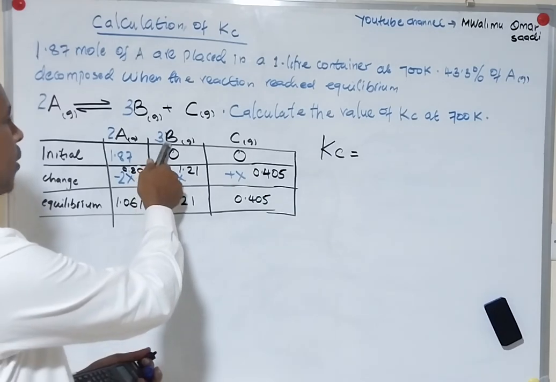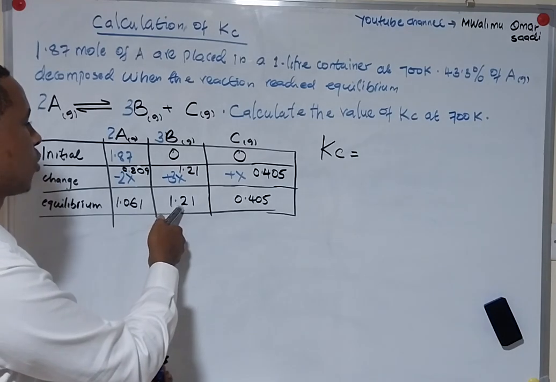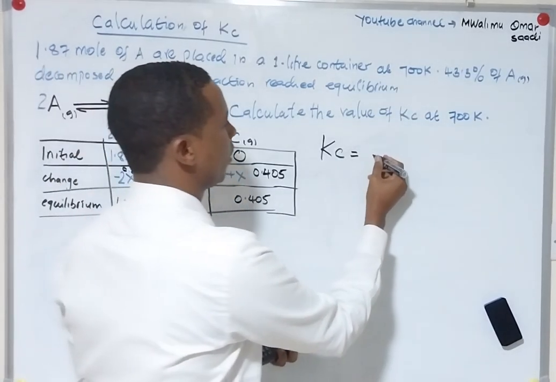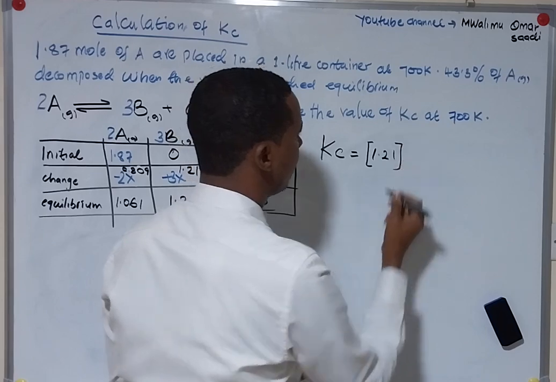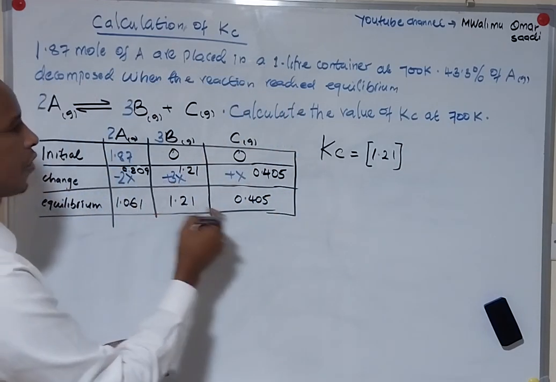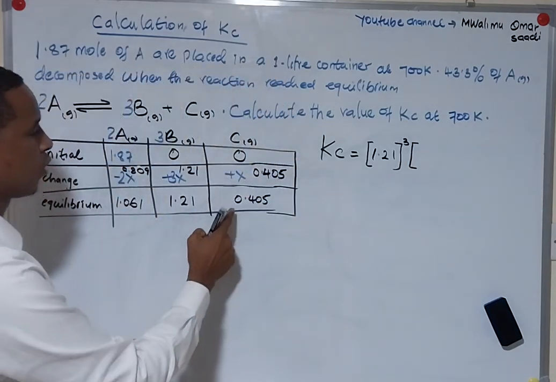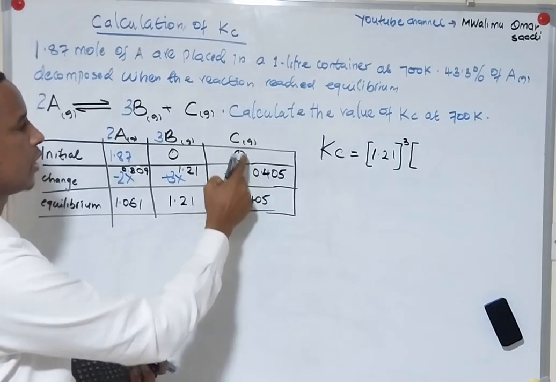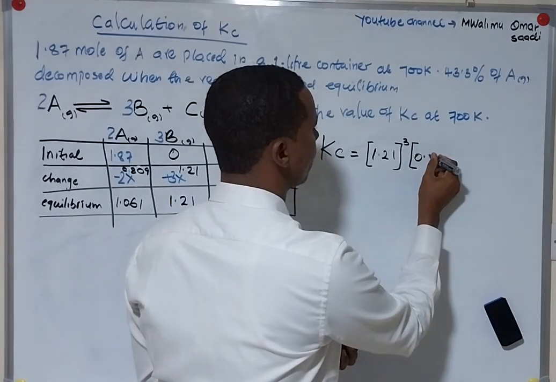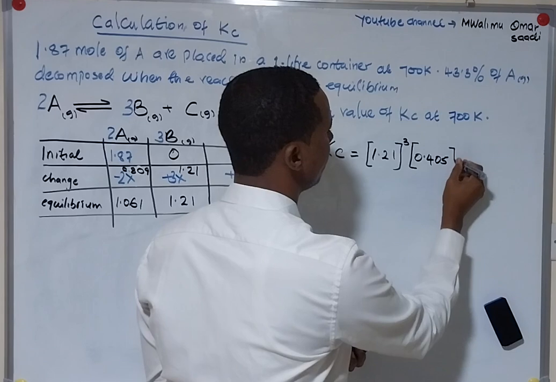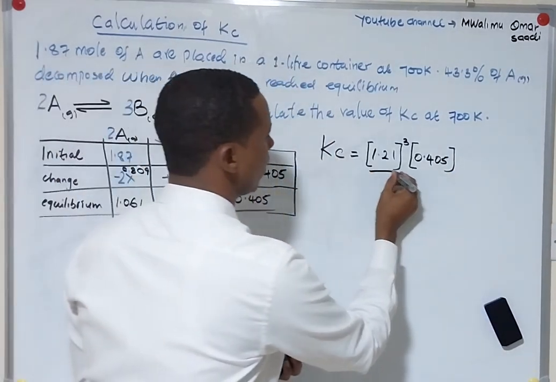The products we have are B and C. The equilibrium concentration of B is 1.21, raised to the coefficient, which is 3, multiplied by 0.405, which is the equilibrium concentration of C. The coefficient is 1, so we don't need to write it.